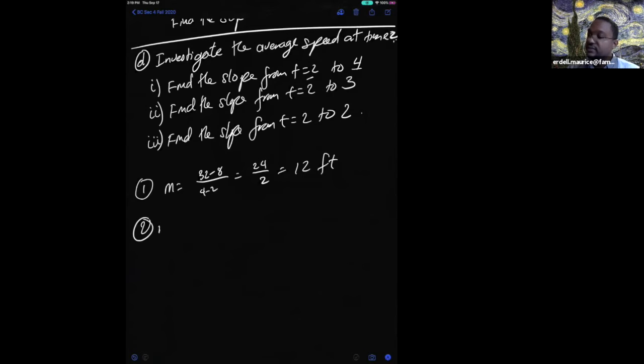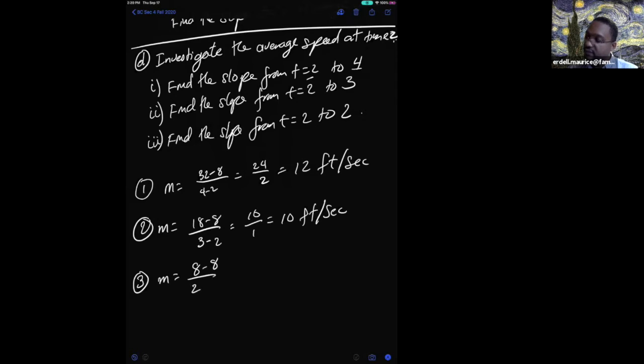The second one is going to be plugging in 3 squared, 9, is 18 minus 8 over 3 minus 2. That is 10 over 1, 10 feet per second. And then the last one, the slope is going to be 8 minus 8 over 2 minus 2, and that's going to be 0 over 0, and that of course is undefined.